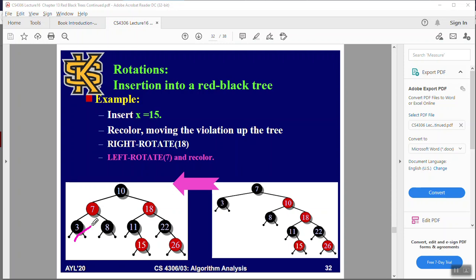And remember that 7 has one side empty, still one side empty. So then when we move over here, 8 was the left side of 10, right? So this 8 will be moved to here on the left side of 10.